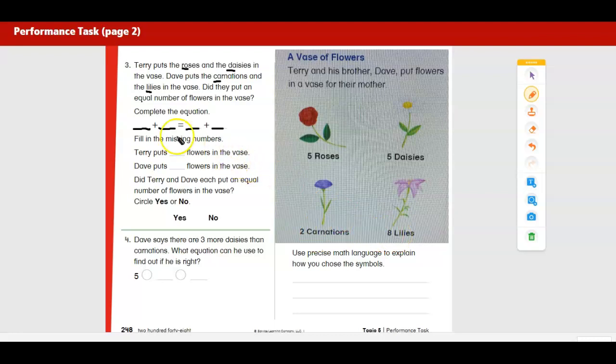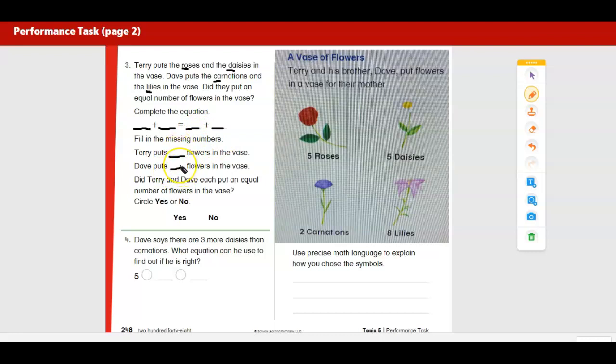So after you write in the number of each flower, then you will add your numbers of roses and daisies together and write your total in the blank. Then you will add your number of carnations and lilies and write that number in the blank.